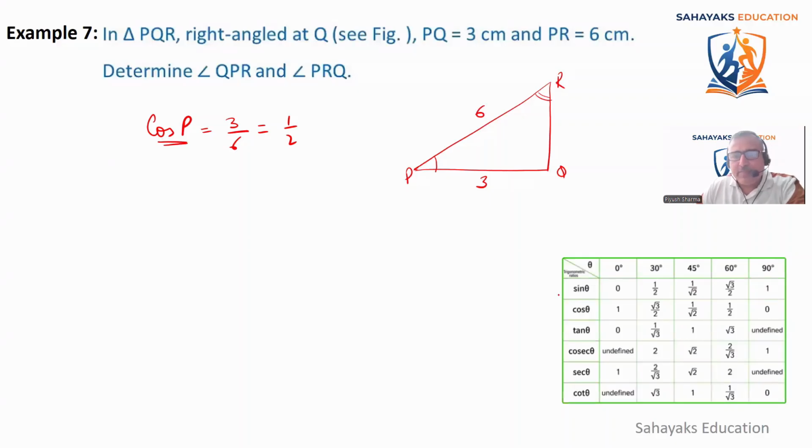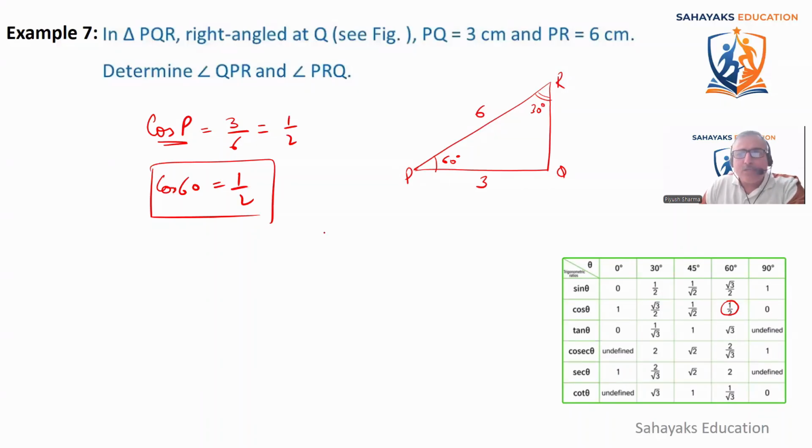If you look at this table, cos of 60 degree gives 1 by 2. So that means angle P is equal to 60 degree. When angle P is equal to 60 degree, the angle R will be 30 degree because the sum of three angles of a triangle is always 180. Was it a simple question? So basically cos of 60 is equal to 1 by 2.